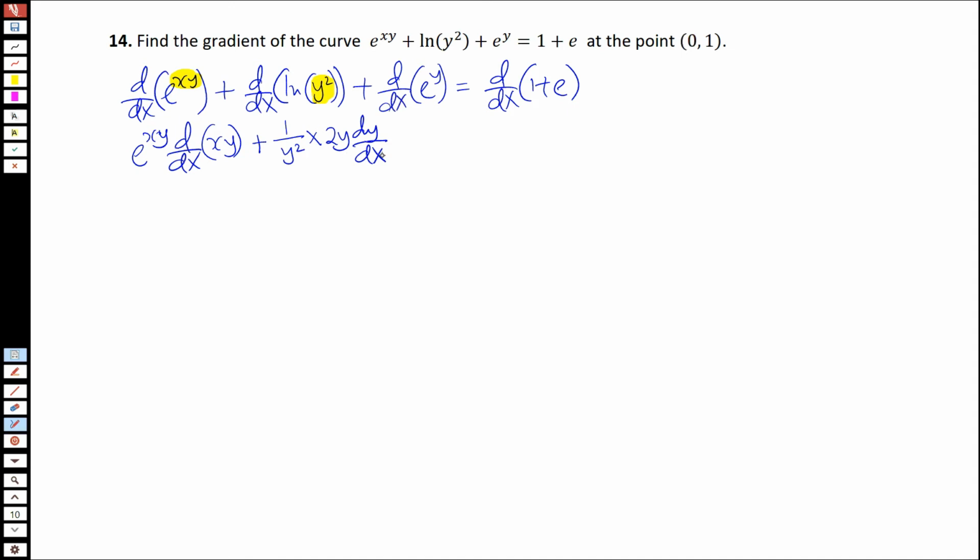Plus the derivative of e to power y; again the derivative of e to power something will just be e to power something, and the derivative of y is dy over dx. And then the right side will just be equal to 0.